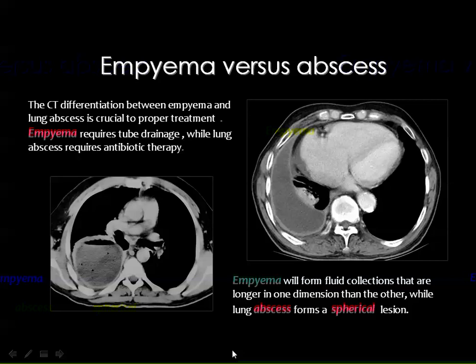Empyema is an oblong-shaped lesion, while an abscess is more or less a spherical lesion. Empyema will compress the underlying lung, while the abscess has no compressed lung along its margin.